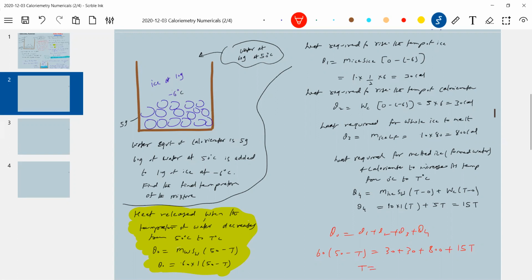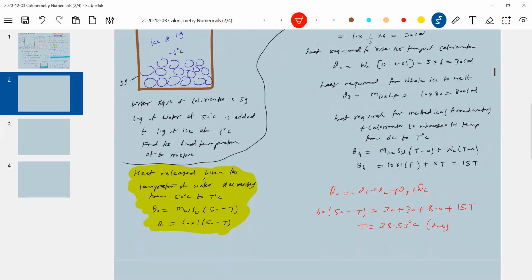Anybody answer? 28.53, sir. This will be your answer, the final temperature. What is T? Temperature of the calorimeter.